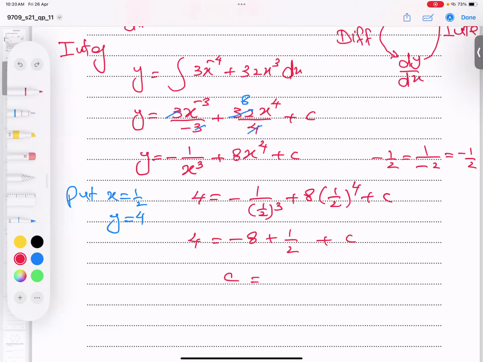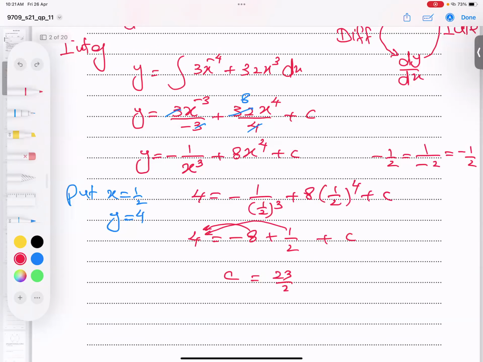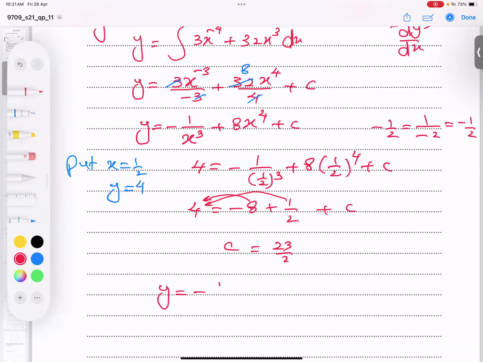Wait a minute, let me recheck. 12 minus half is coming 23 over 2. Or you can bring it there and subtract from 4. So then plug it back into the equation. Finally, you get the answer y equals, don't stop here, you have to plug it back. I hope the point is very clear and we have done the question.